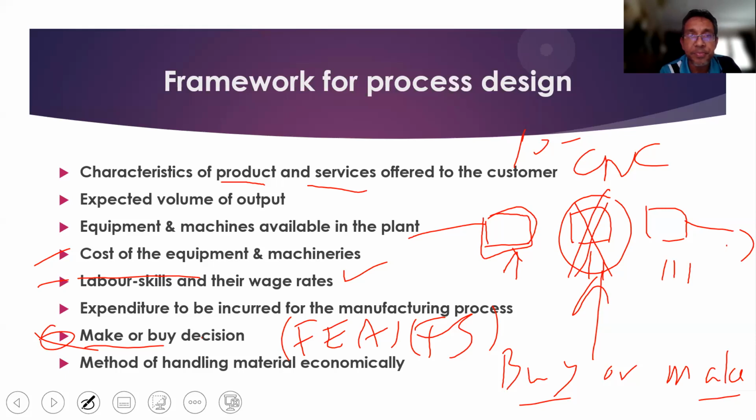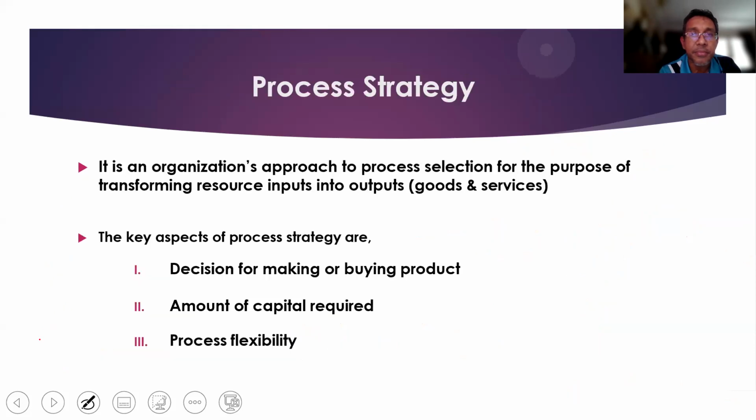Okay. So there is a framework for process design. And then the strategies, they have three strategies. Normally the decision you make just now for making or buying a product, we call it a strategy actually, because when you design the process, you need to have this decision making.